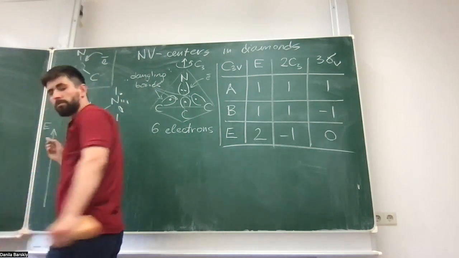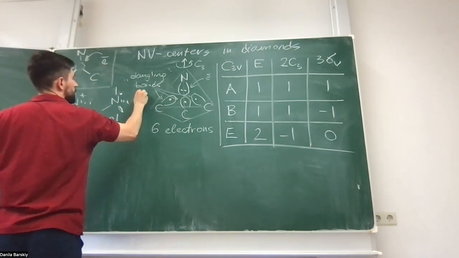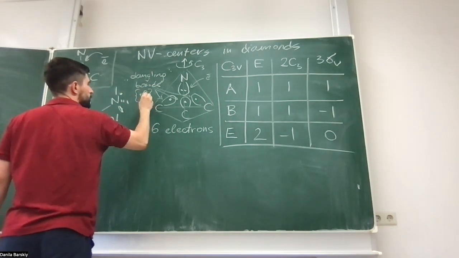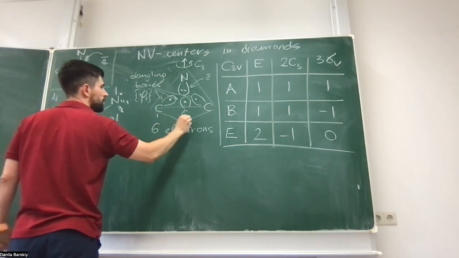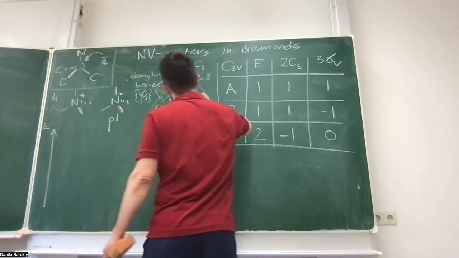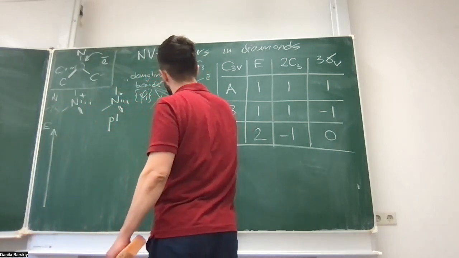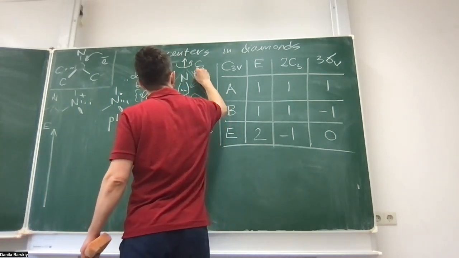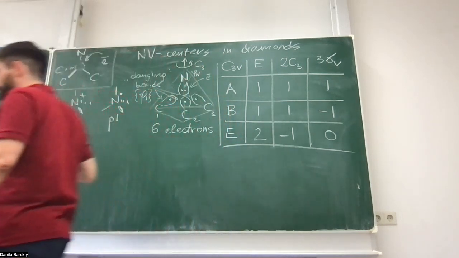Let's use phi. So phi i, where i is 1, 2, 3. We label them 1, 2, 3. And these orbitals we label phi i, phi 1, phi 2, phi 3. This is the orbital for nitrogen, phi N.